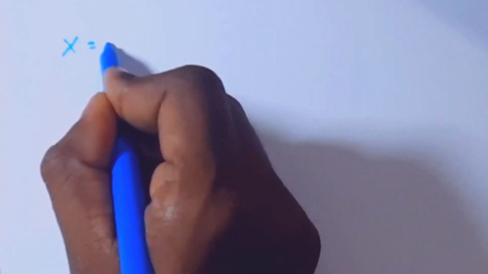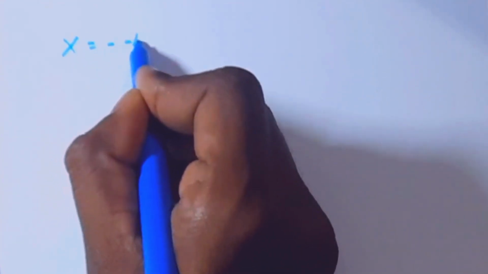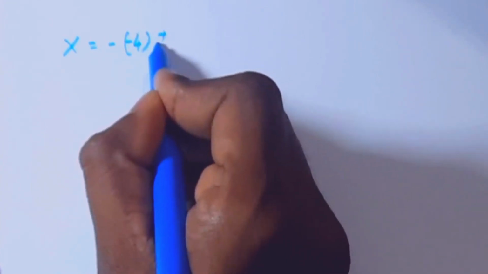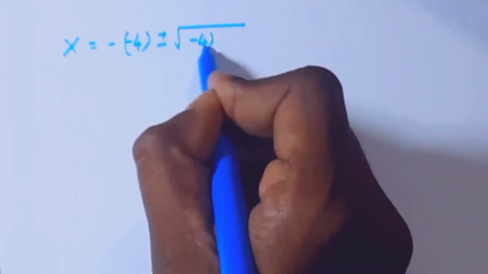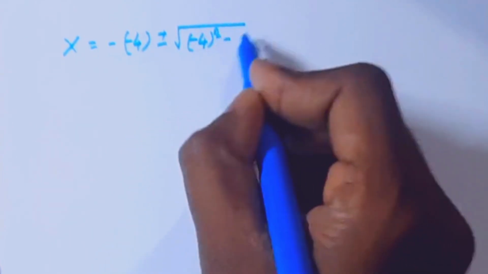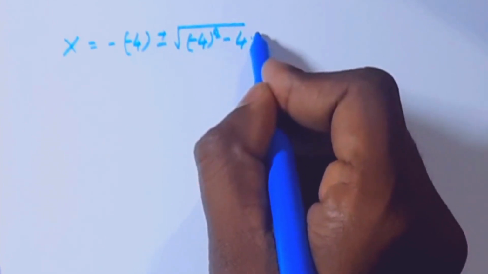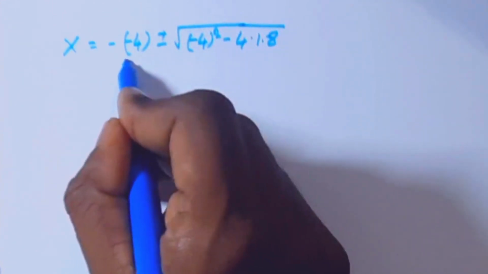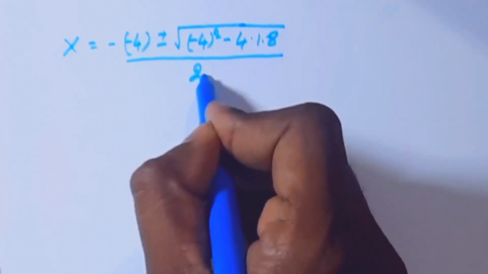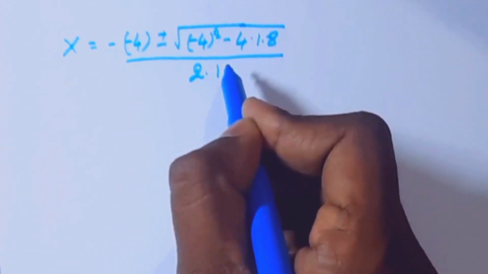Now x equal to minus of minus 4 plus or minus square root of (minus 4) square minus 4 times 1 times 8, by 2 times 1.